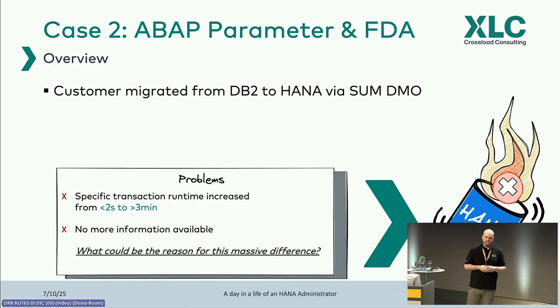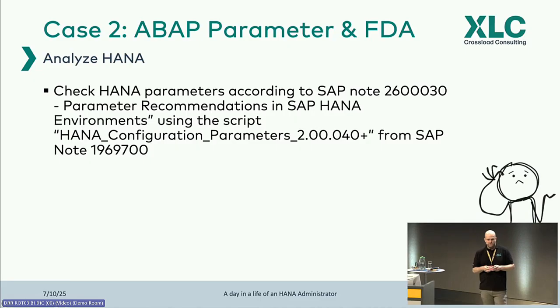At the end, what could be the reason for this massive difference? We started to analyze the system using the HANA parameter recommendation, and we checked the HANA database parameters, and there was no problem. All parameters were set up fine.